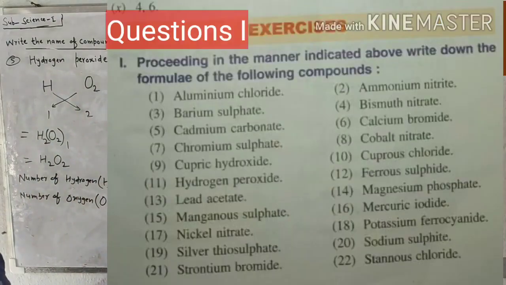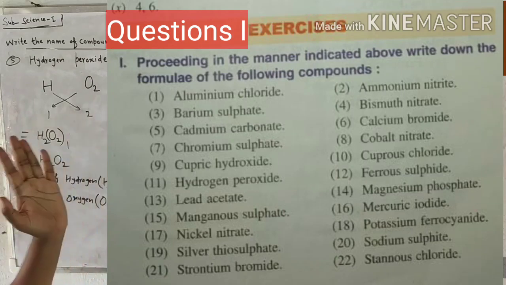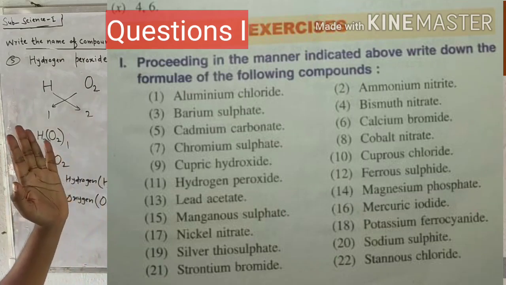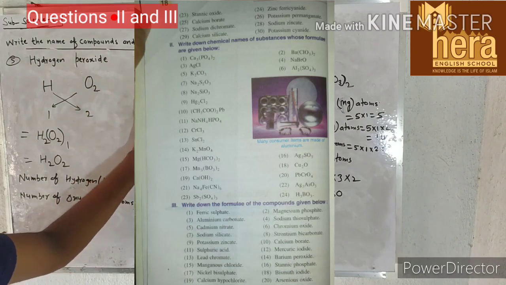So I will give you the homework. In the homework, what you have to do, you have to write the name of the following compounds in chemistry language. Okay, its answer will be given.